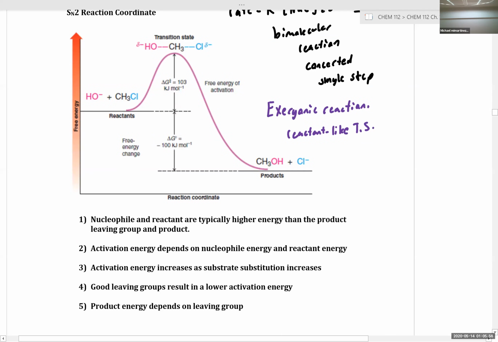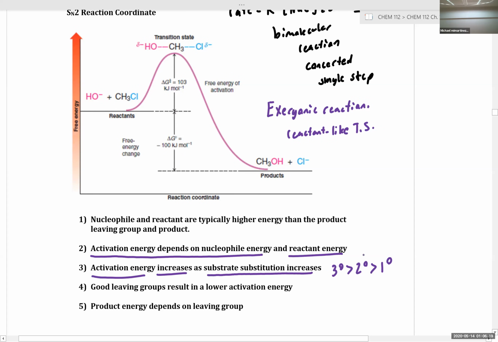Now, just a few things to note. The activation energy depends on the nucleophile and reactant energy. Activation energy increases as substrate substitution increases, where tertiary is greater than secondary, greater than primary.